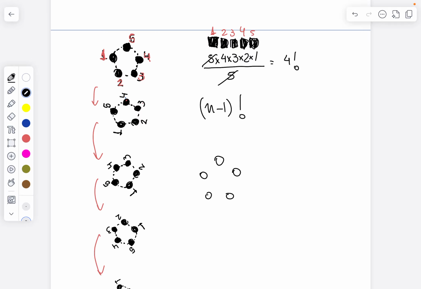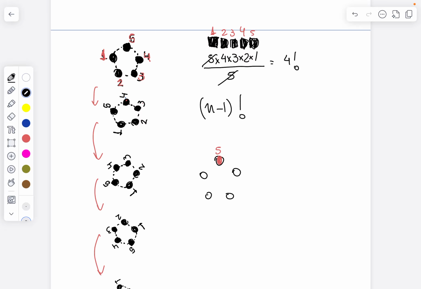And I will choose a person to sit first. After I seat this person first, I break the symmetry, because remember, to be a circular permutation, I have to have a symmetry. And then I can continue with the normal permutation.